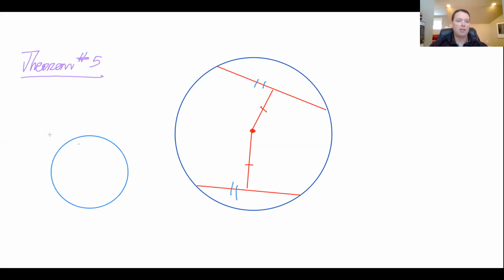If I had this circle here and I draw these two chords, I got one here, one there. If I happen to know that they're both congruent, then that tells me something about how far they are from the center. It means that this distance and this distance also have to be equal. So that's the original statement, and the converse part of that.